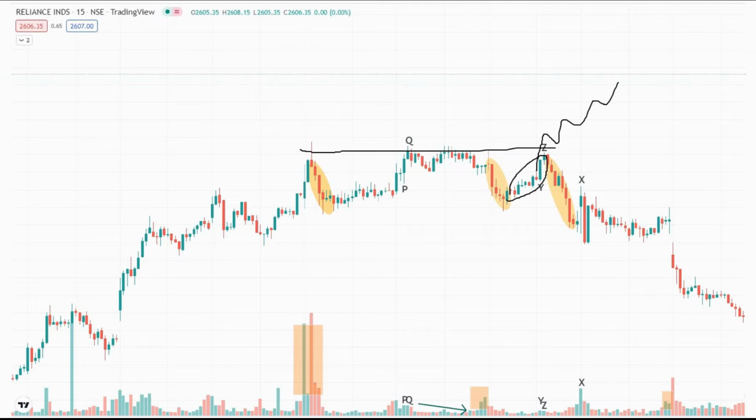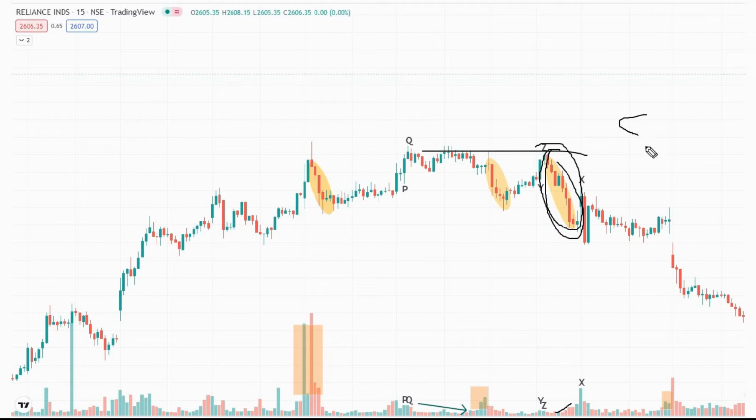This was their best chance to continue the overall uptrend in the market. But what happened? Again, from this level, sellers pushed the prices aggressively towards the downside with good volume. See, when the selling is happening, the volumes are increasing. So this is indicating that supply is very, very strong compared to the demand side.